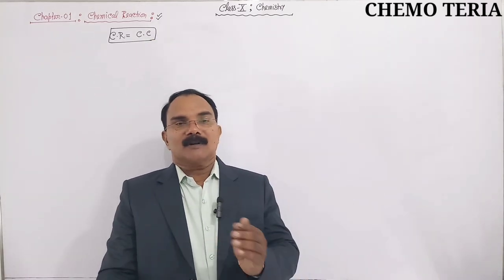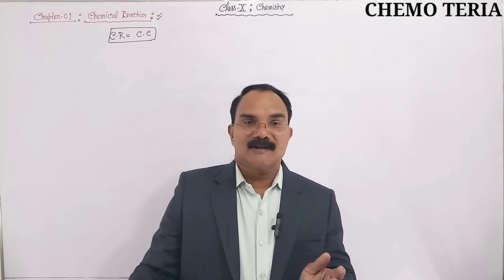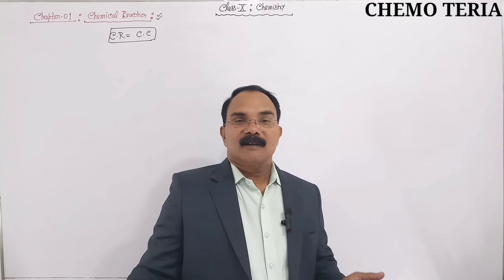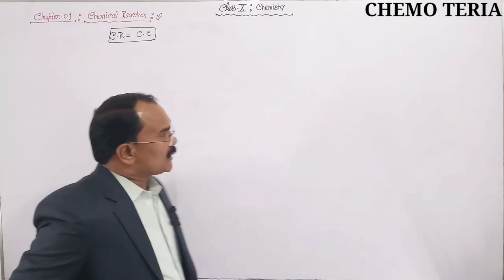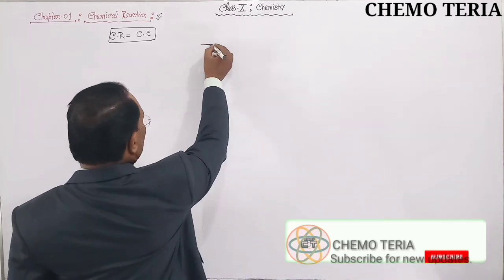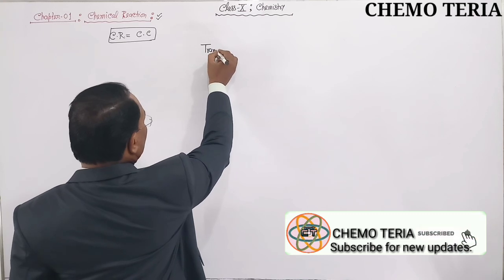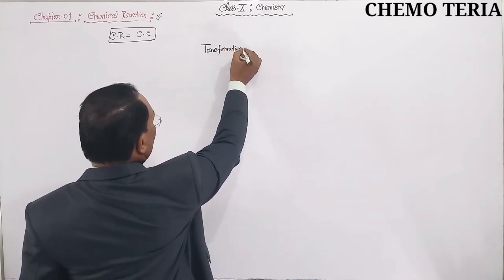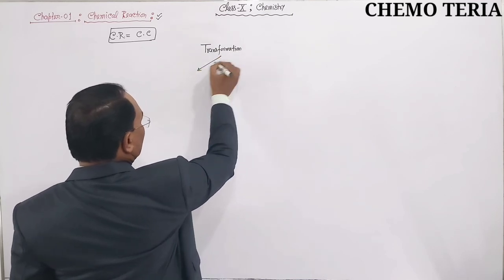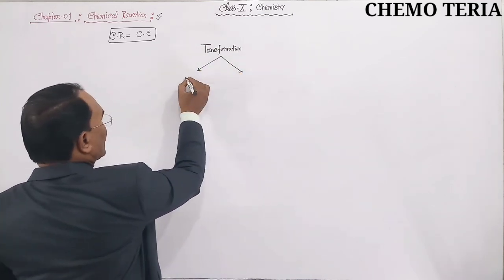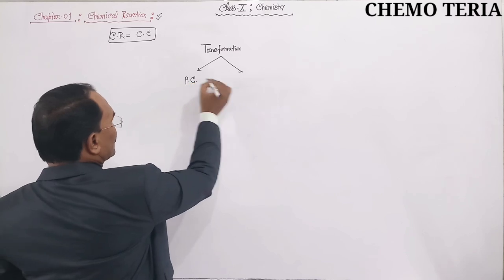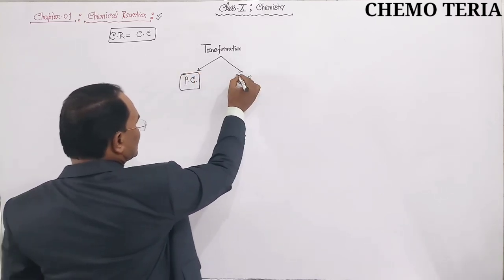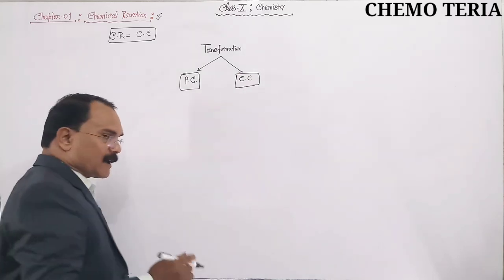And you have learned about the changes, the transformations of matter, in previous classes. In previous classes we understood that transformations are of two types, that is physical change and chemical change. This is PC and this is CC. CC means chemical change.